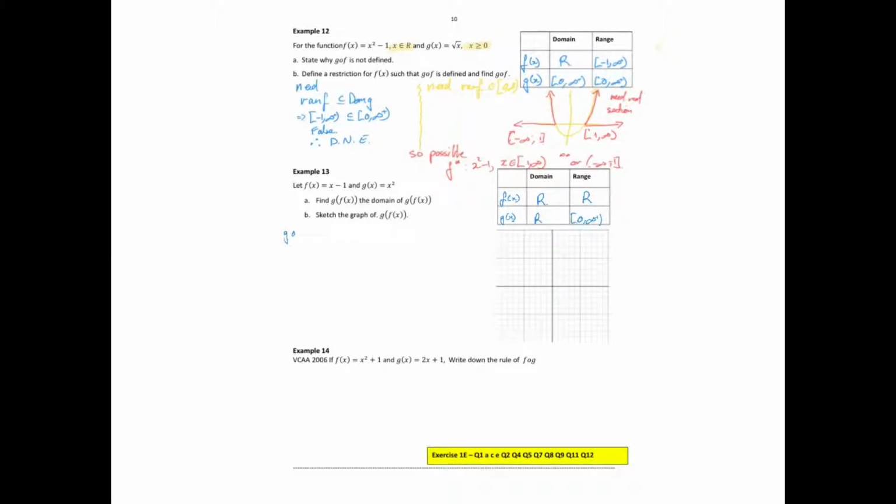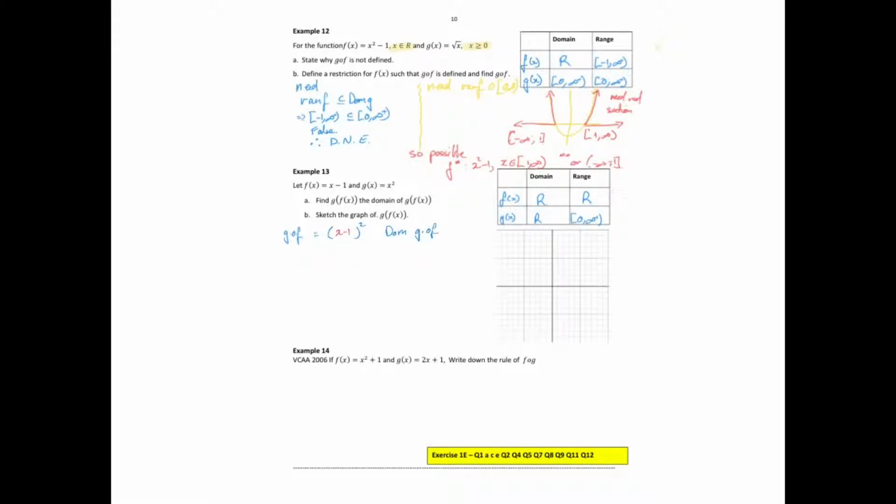So g of f of x is substituting the function of f of x into g of x. Okay, so our function there of g of x is x squared, and we're going to put x minus 1 into that. So we can see that, and there's our composite function. Now we could possibly expand it, but we won't.